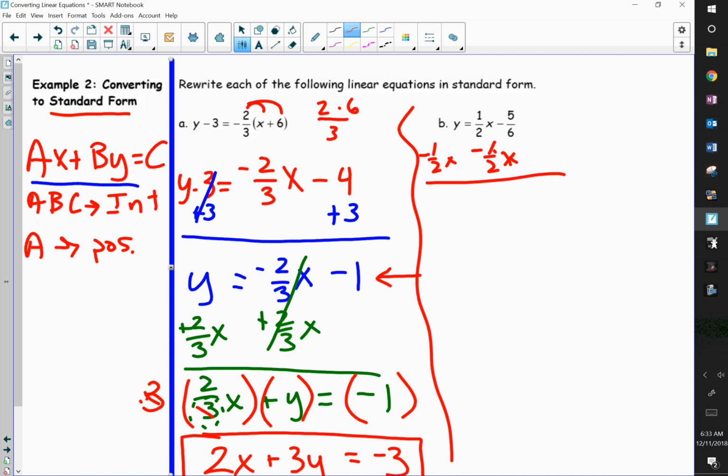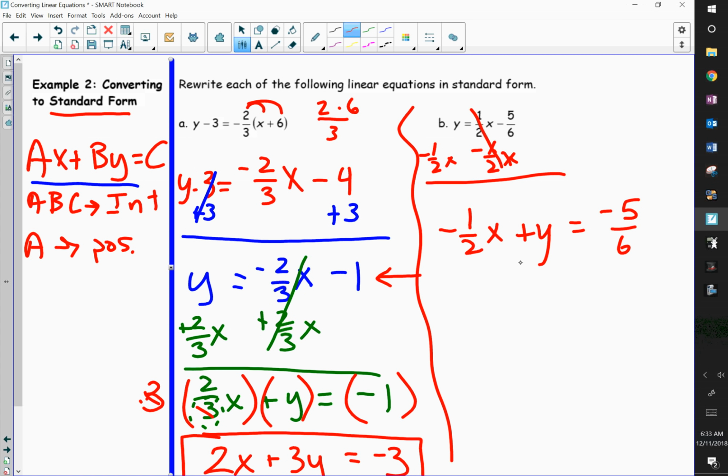When I do that, these cancel, and I'm left with negative 1/2 x plus y equals negative 5 over 6. So I have the x and the y on the left, the numbers on the right.